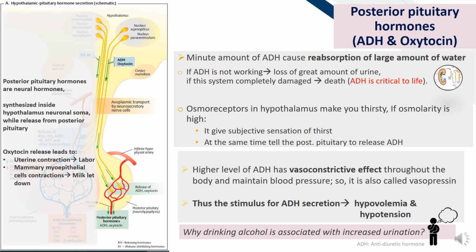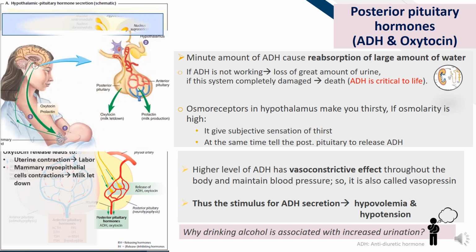For the posterior pituitary hormones, as you know, we have antidiuretic hormone and oxytocin. Both of these hormones are important. Let's come to oxytocin. Oxytocin is released from the posterior pituitary. It's synthesized in the hypothalamus, but released by the posterior pituitary.